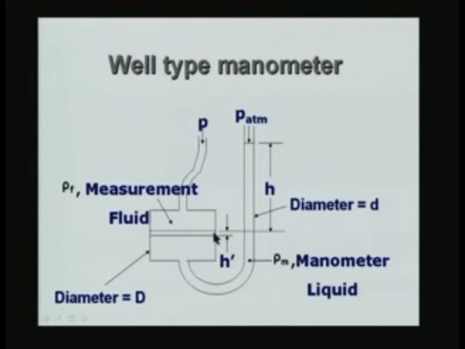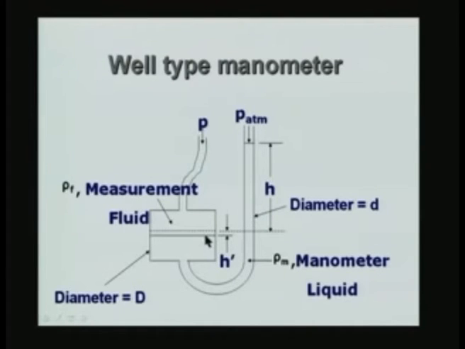H prime is the depression in the well side, and H is the increase in height on the tube side. Again I am going to invoke the incompressibility argument, that the manometer liquid is incompressible.